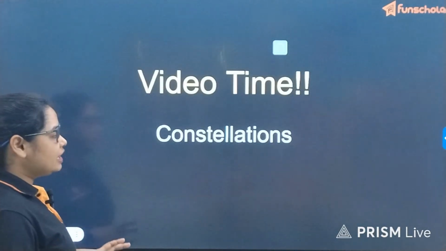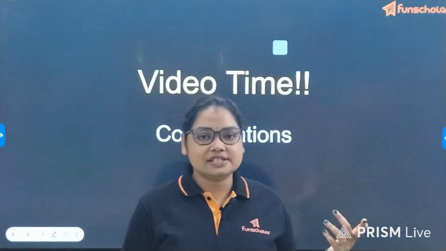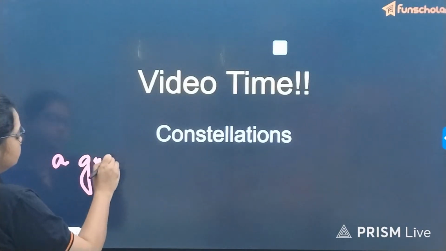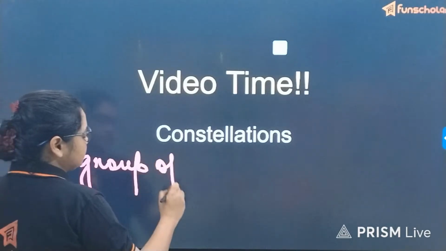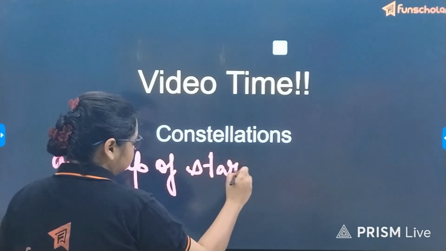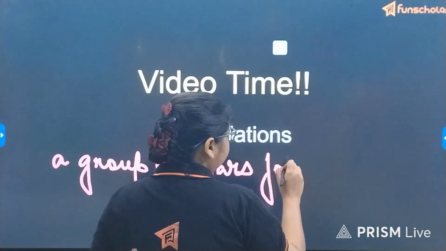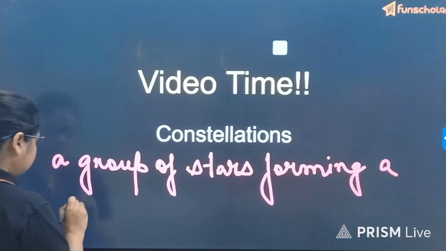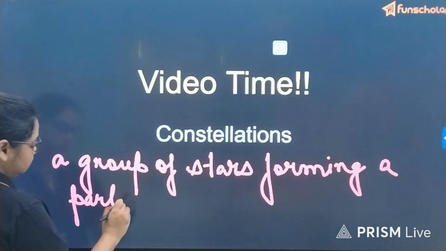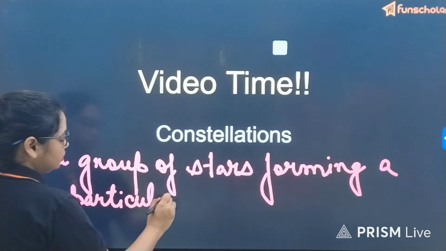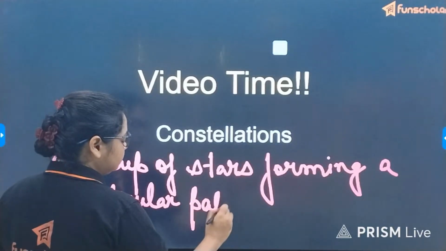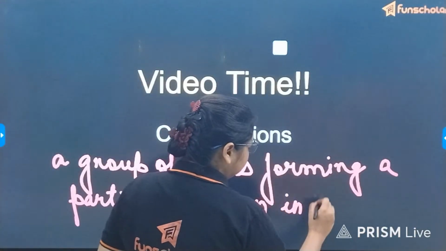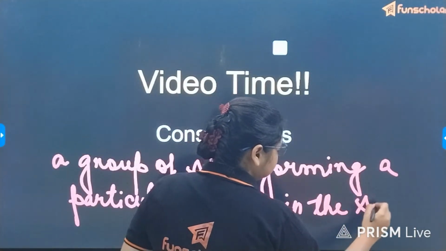If I would like to define a constellation in the simplest of terms, it is a group of stars forming a particular pattern in the sky.